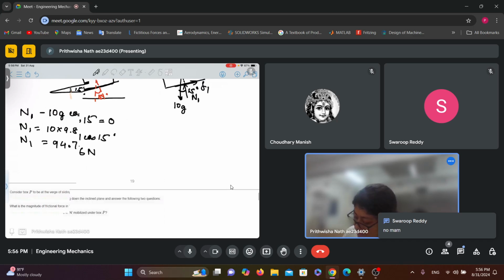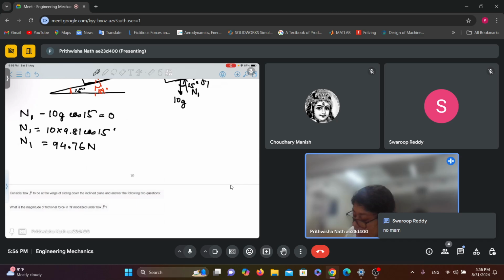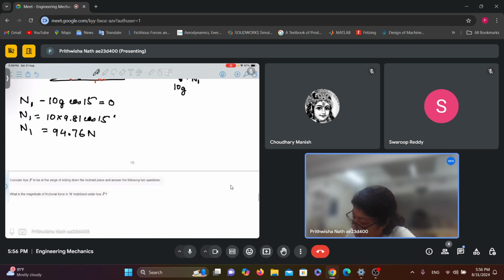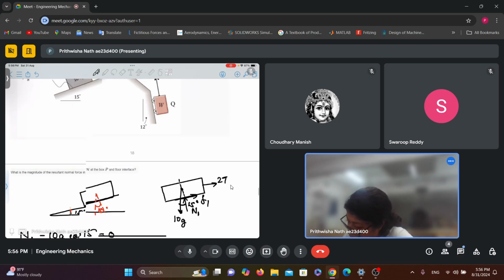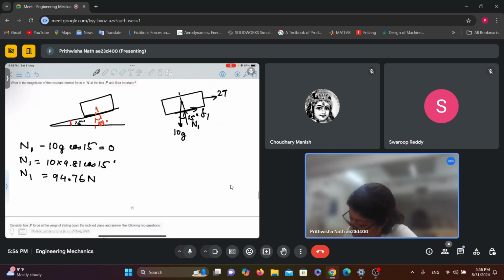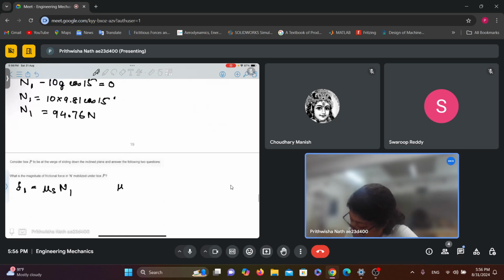So now, it is also mentioned that it is at the verge of sliding. So I can write F1 equals to mu s times N1, right? So F1 would be mu s times N1 and mu s is given to be 0.15.